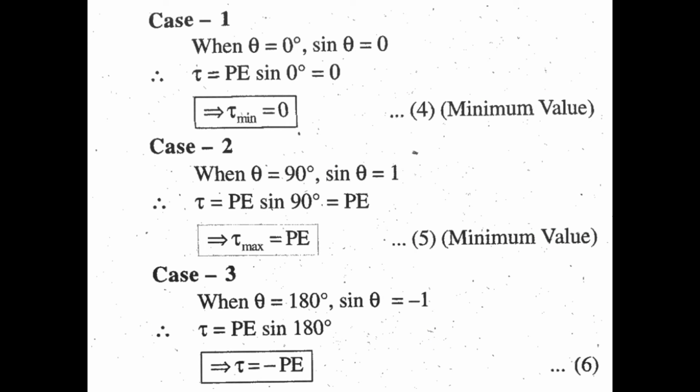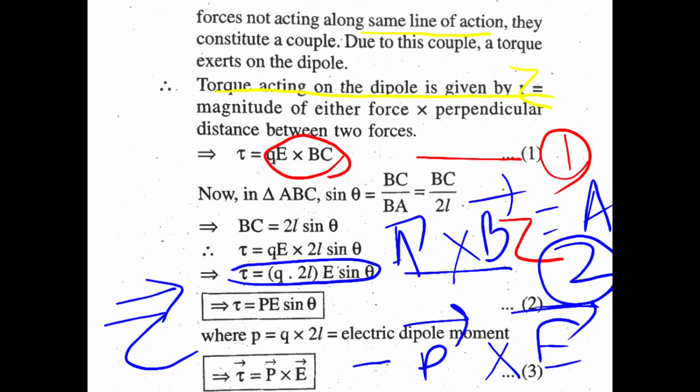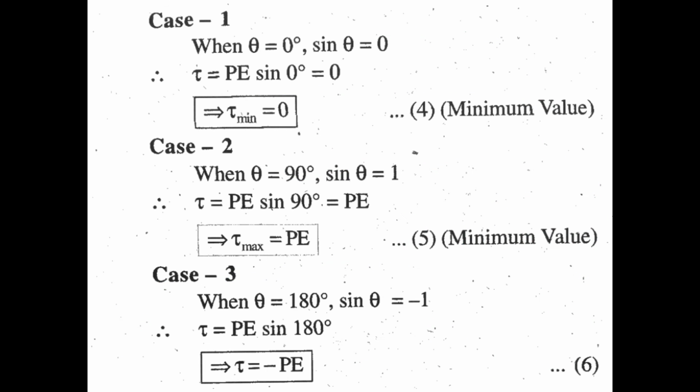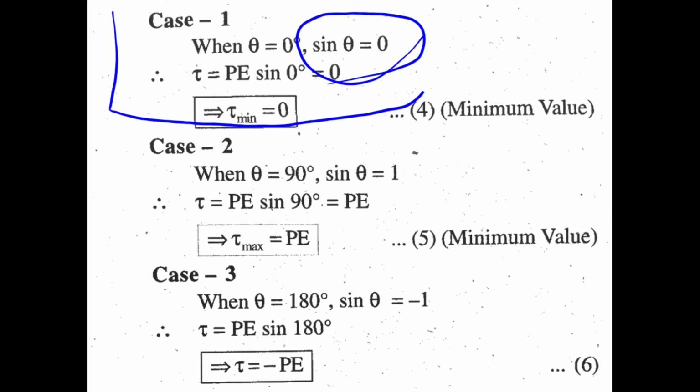Now we consider some cases. When theta is equal to 0, sin theta is equal to 0. So tau becomes P E sin 0, which is equal to 0. So when theta is equal to 0, the value of torque becomes 0.